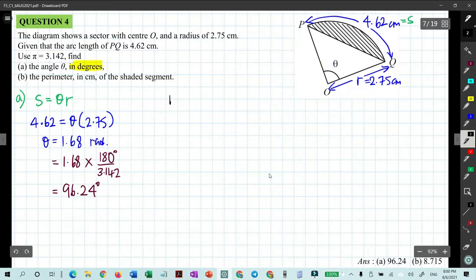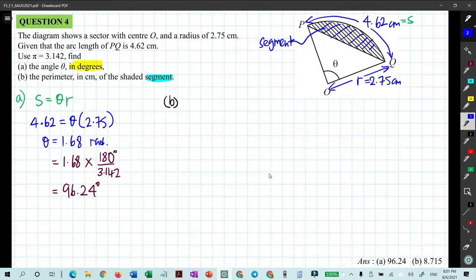Let's move to section B. The perimeter in centimeter of the shaded segment. So what is actually segment? So this is actually segment. And how to find the perimeter of this segment?